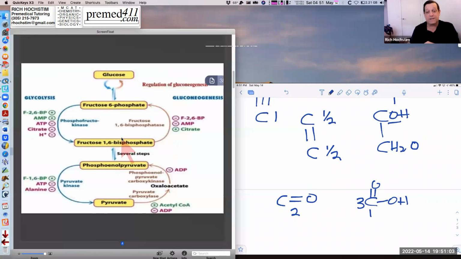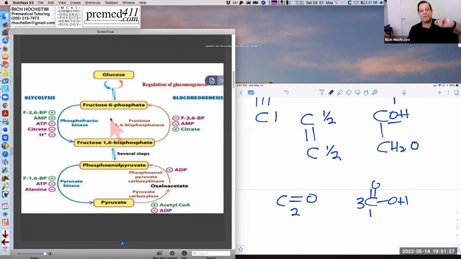Now we're going to look at something similar. Here we have glucose, and here's gluconeogenesis. We're not going to look at that, but it was a nice slide. So fructose 2,6-bisphosphate is a side product of glycolysis. It's not in the direct chain, it just comes right off over here.